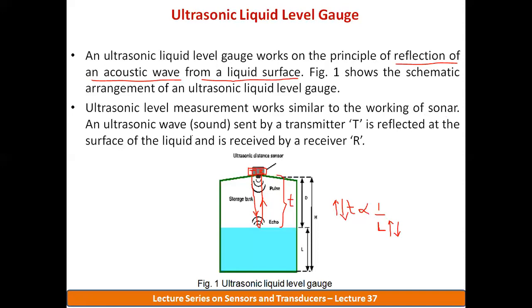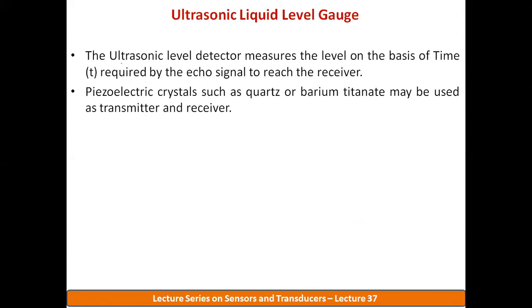An ultrasonic wave sent by a transmitter T is reflected at the surface of the liquid and is received by a receiver R. The ultrasonic level detector measures the level on the basis of time required by the echo signal or a reflected signal to reach the receiver. So we can calibrate this time value T to directly get the liquid level.